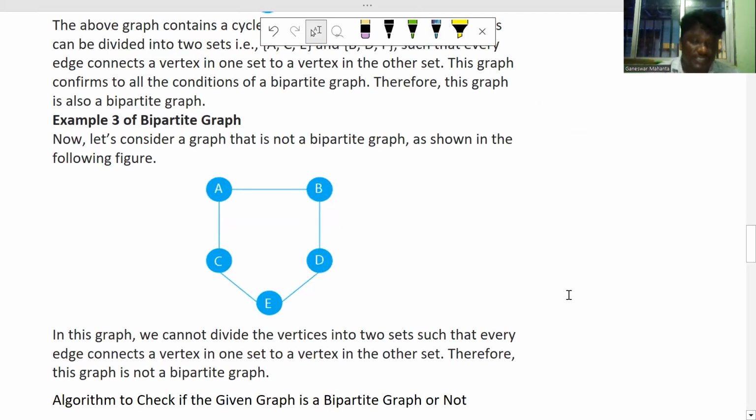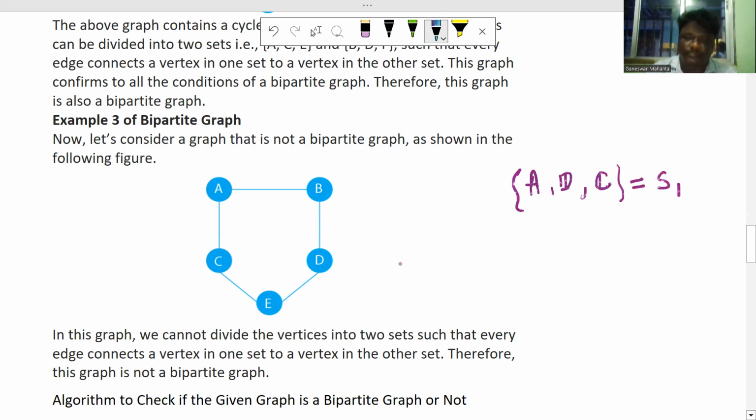Another example we can see here. In this figure there are five vertices: A, B, C, D, E. First you check A, B, and C; this is one set we have to consider.